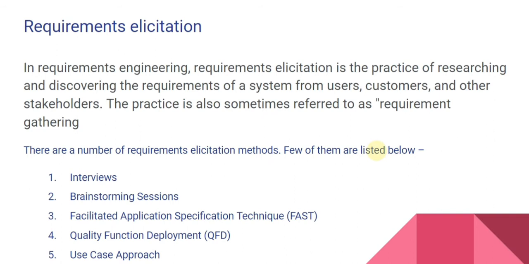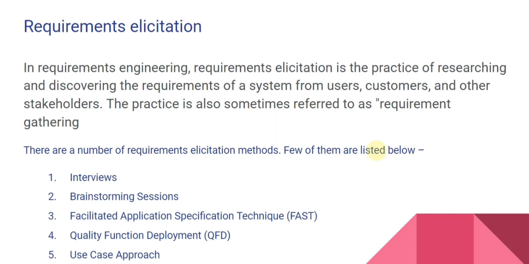Brainstorming sessions are really very important. We should set up the environment and ask questions, or just gather ideas related to the system from the users. Then there are facilitated application specification technique, quality function deployment, and the use case approach.